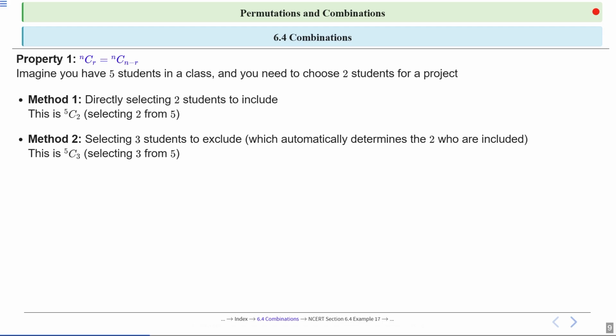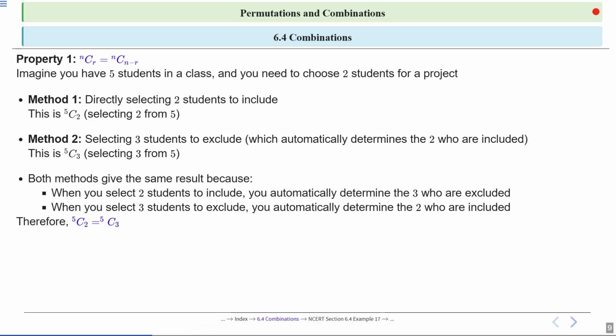In method 2, selecting 3 students to exclude, which automatically results in including 2 students. This is 5C3, meaning selecting 3 from 5. Both methods give the same result, because when you select 2 students to include, you automatically determine the 3 who are excluded. And when you select 3 students to exclude, you automatically determine the 2 who are included. Okay, therefore 5C2 is equal to 5C3.